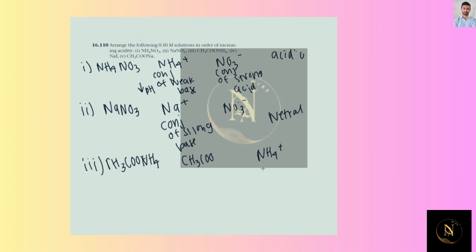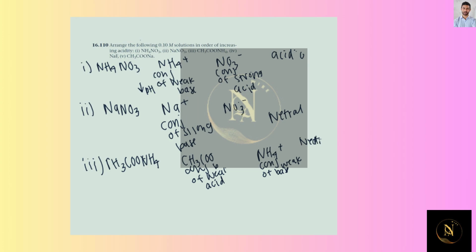We already know that this is a conjugate acid of a weak base. And then CH3COO- is a conjugate base of a weak acid. Since they're both weak, they're going to neutralize each other out as well.